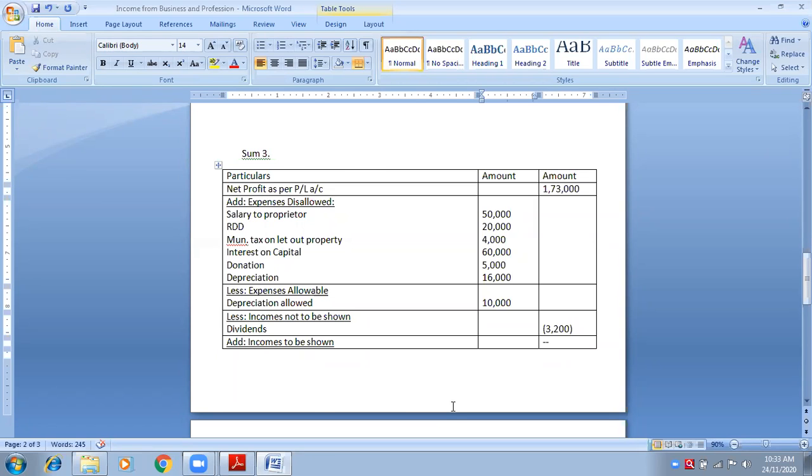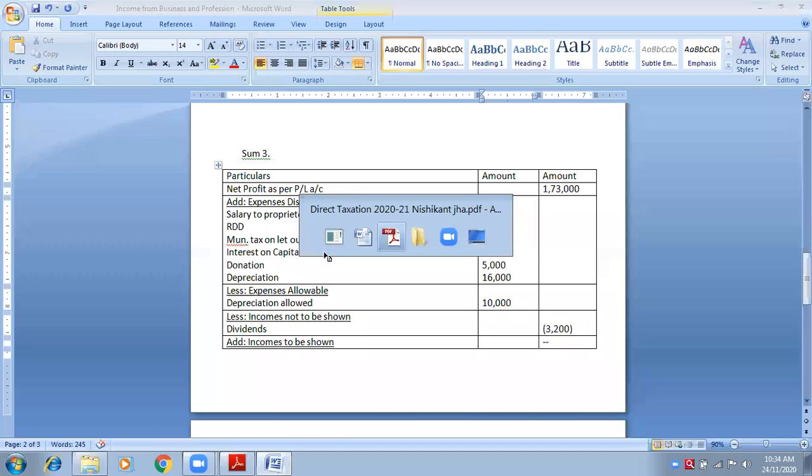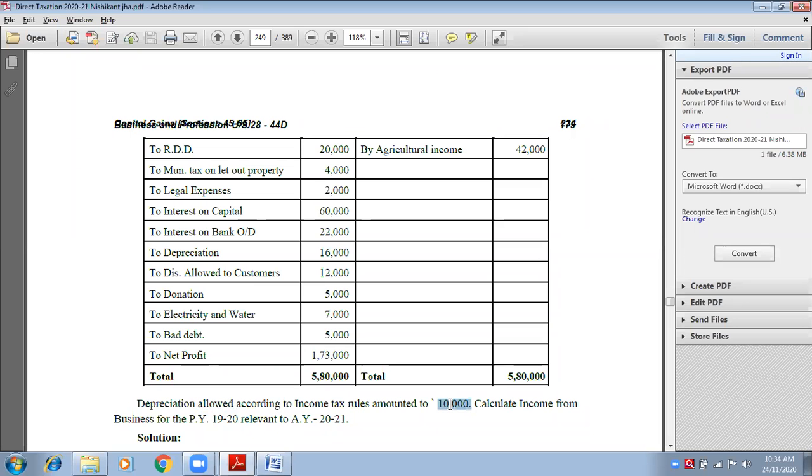Always remember, whenever they use the word allowed, the word is very important. Whenever they use the word depreciation allowed, then the depreciation which is shown in the P&L is completely disallowed. First step, completely disallowed 16,000, and completely allowable is what is in the adjustment, not in the P&L.